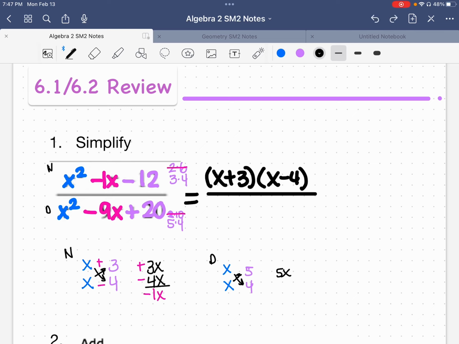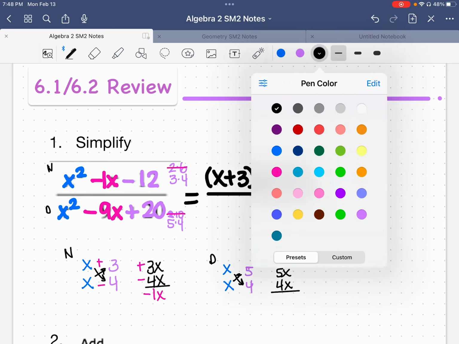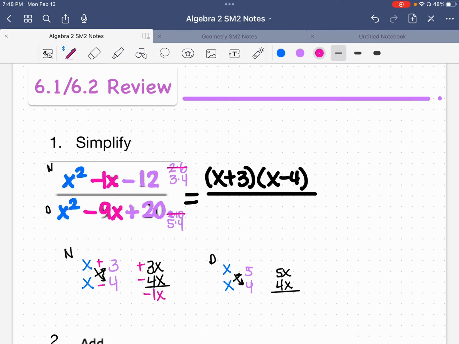Remember, I'm cross multiplying the x to the number so that I get the proper sign in the proper place, and I get the leading coefficient in the correct spot. Like if I had a 2x here, then it would make a difference. This one would be 10x, and if I had a 2x here, this one would be 8x. So I just need to be careful as to where I put it, to see which one would work.